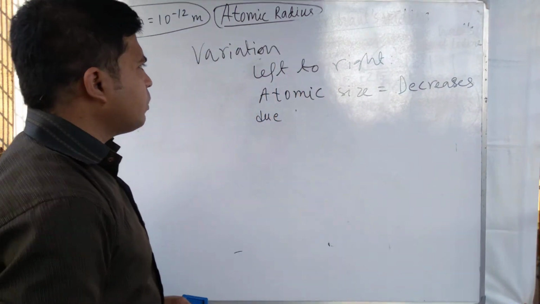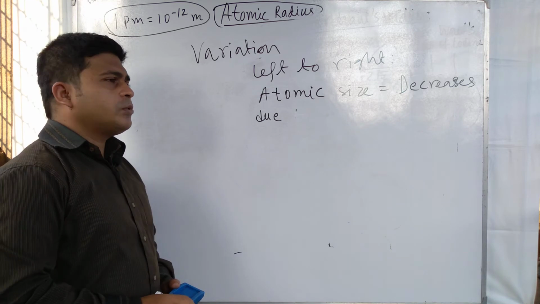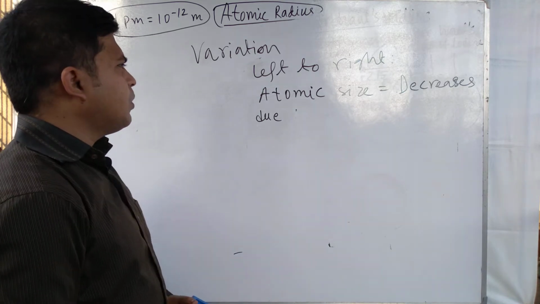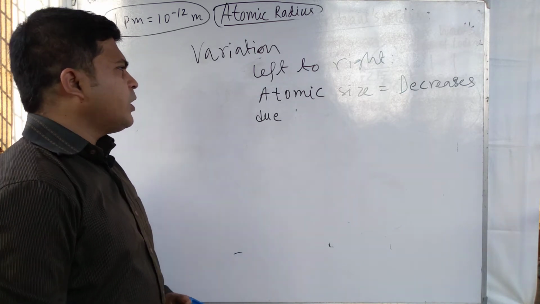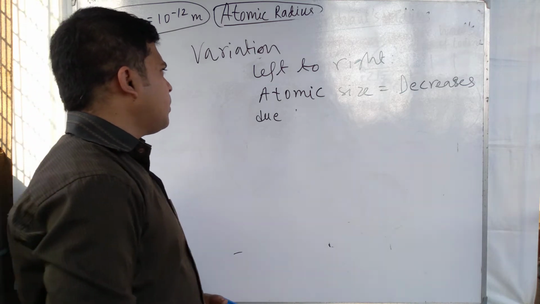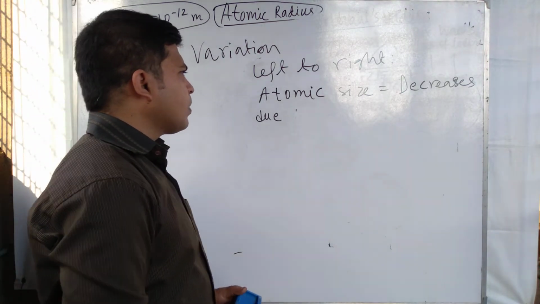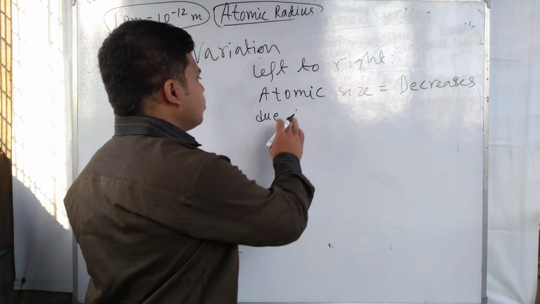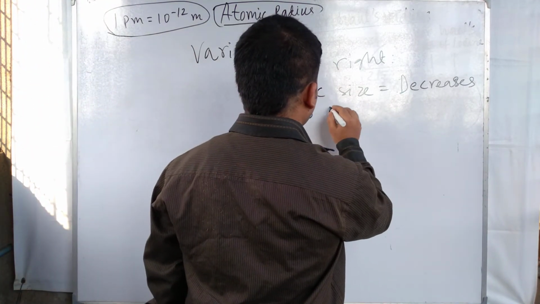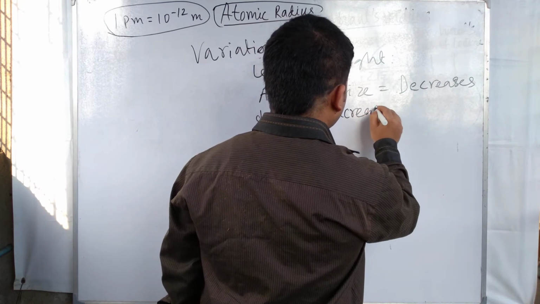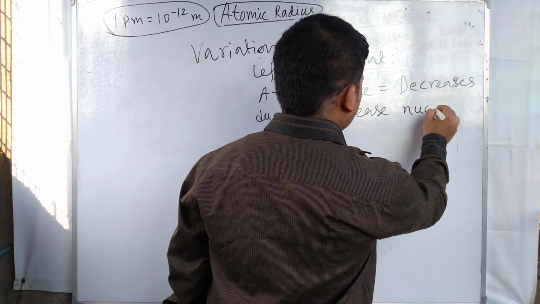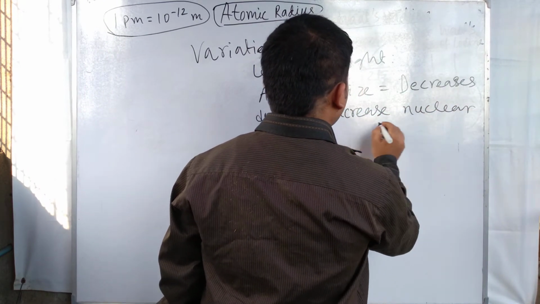Left to right in any period of the periodic table, out of the 7 periods in the periodic table, if we move along any period from left to right, the atomic size decreases due to increase in nuclear charge.